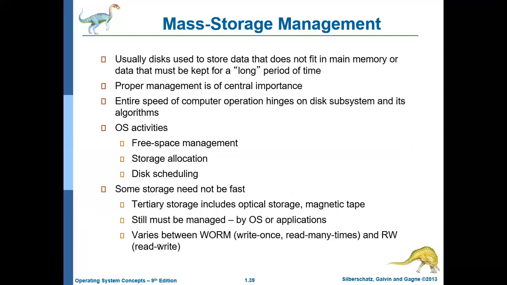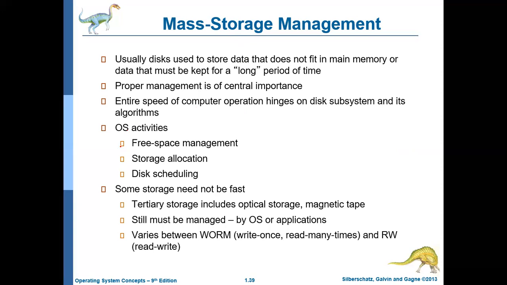Then we discussed storage management. Again, why do we need storage? Because main memory is volatile, so we need information to be stored permanently. For that, we need secondary storage devices like disks and tapes. If these operate at a faster speed, obviously it will boost computer performance.